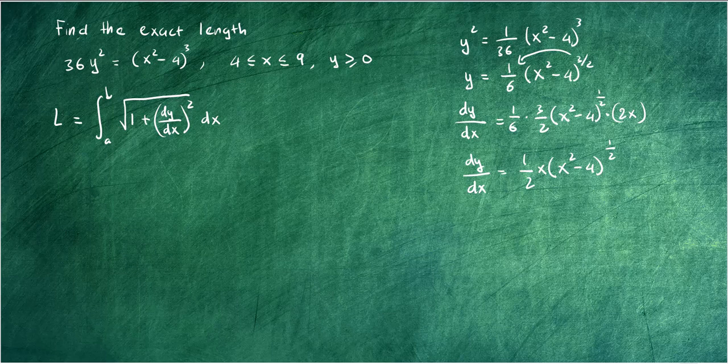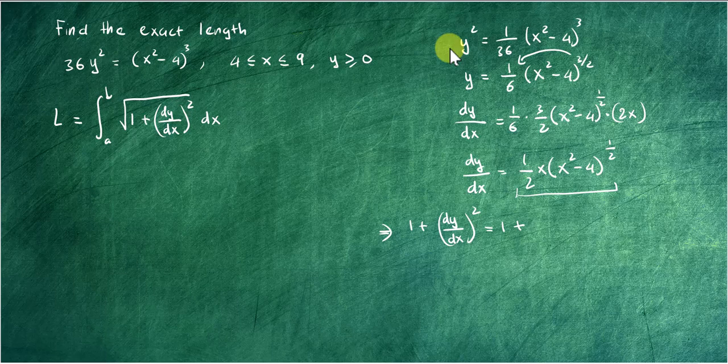And now I want to find the expression for 1 plus (dy/dx) squared. So we can do that maybe down here: 1 plus dy/dx squared, 1 plus this entire term right here squared.